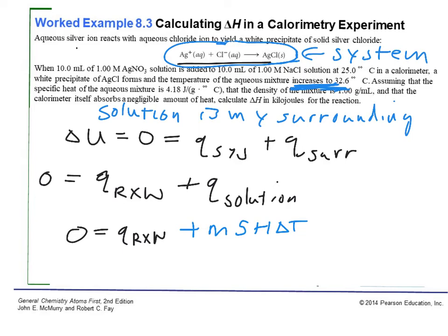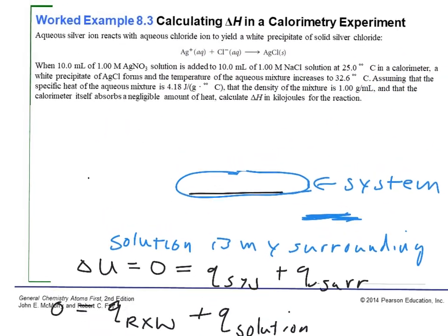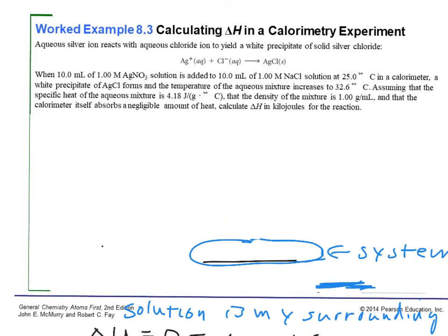If we look at our problem, they're telling us that we're mixing 10 milliliters and 10 milliliters. They're then telling us that we've got a density of 1 gram per milliliter. So 10 plus 10 is 20.